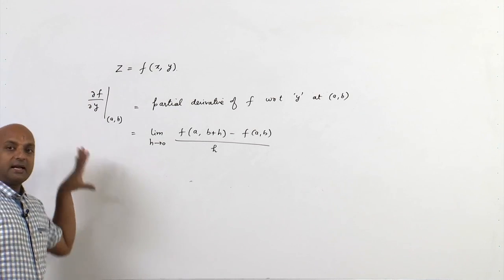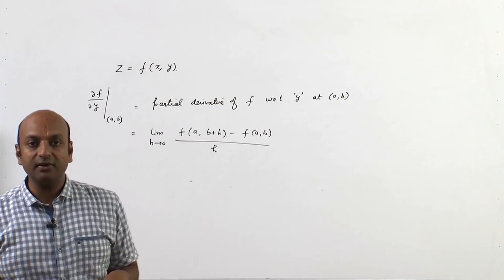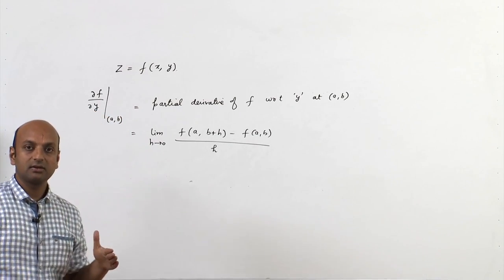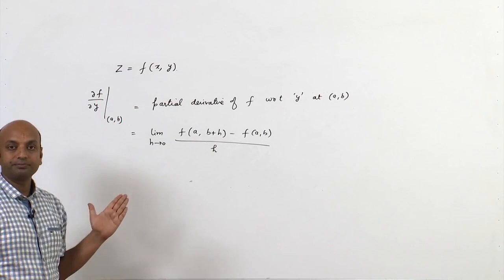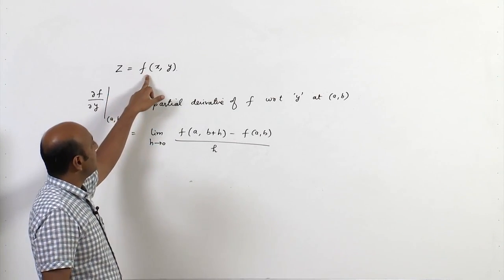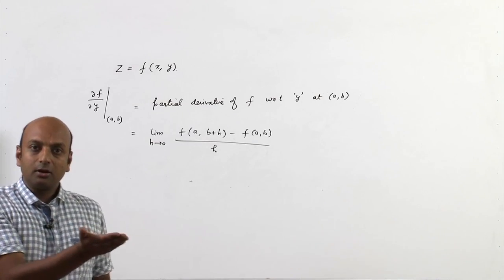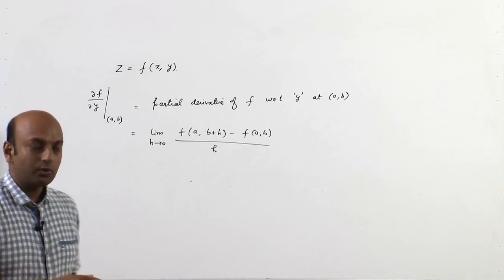Again, geometrically, if we are talking about partial derivative of f with respect to y, it simply gives rate of change of f along y axis or rate of change of f along j cap direction, where z equals f(x, y) is a surface and x equal to a is a plane. When x equal to a cuts this surface, it will give a curve. Which curve?